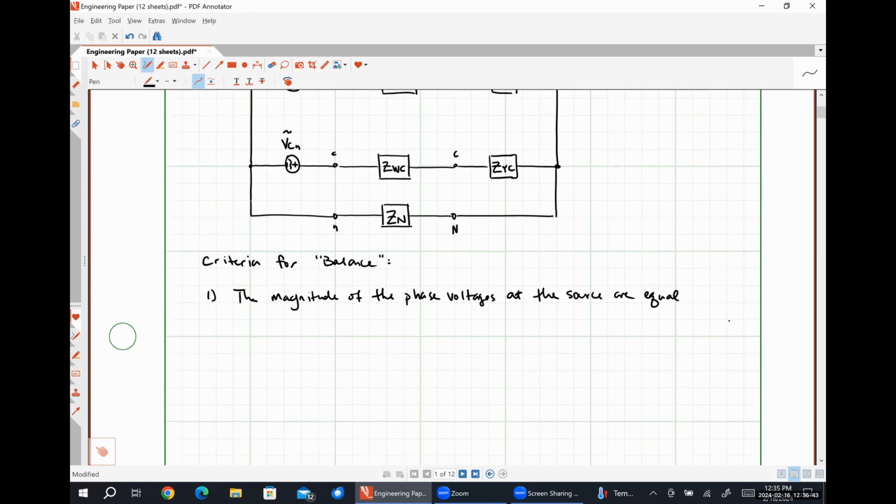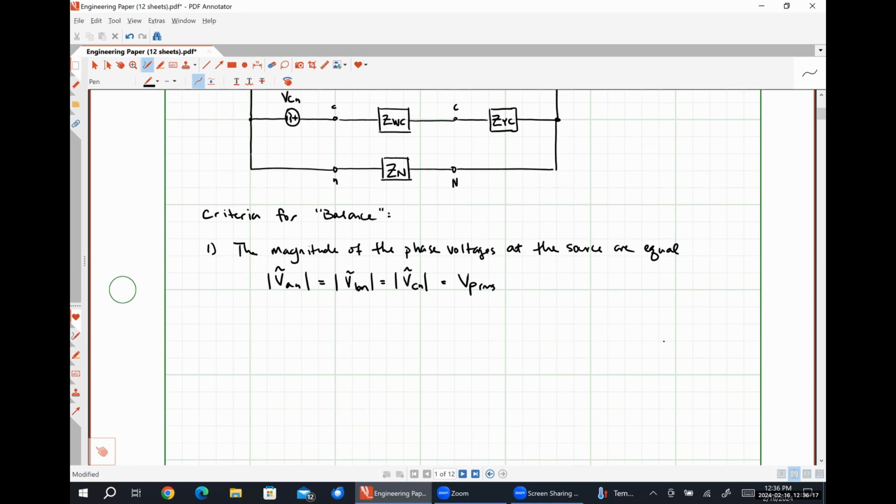So this means that the magnitude of voltage VAN is identical to the magnitude of the source voltage VBN, is identical to the magnitude of the source voltage VCN. And so I'm going to call these quantities VP RMS. So we're just representing everything with some effective value in RMS voltage. And I'm just going to call that my RMS phase voltage for the entire system. Okay. So that's the first criterion.